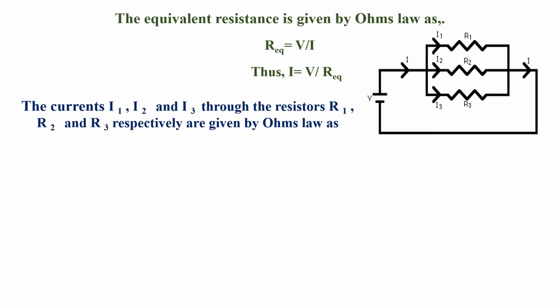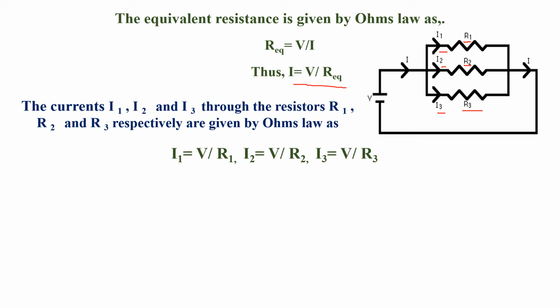Now, the currents I1, I2, I3 through the resistors R1, R2, R3 respectively are given by Ohm's law. Here you have seen I1, I2 and I3, Nana, and R1, R2 and R3. Okay. So, according to Ohm's law, I is equal to V by Req.